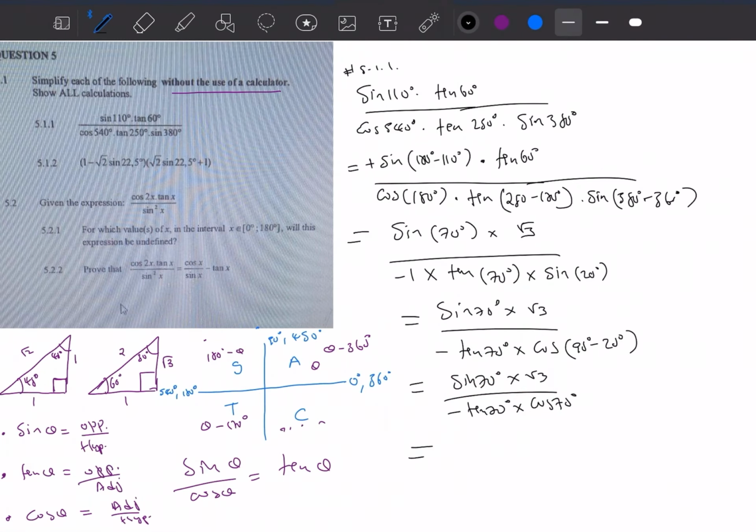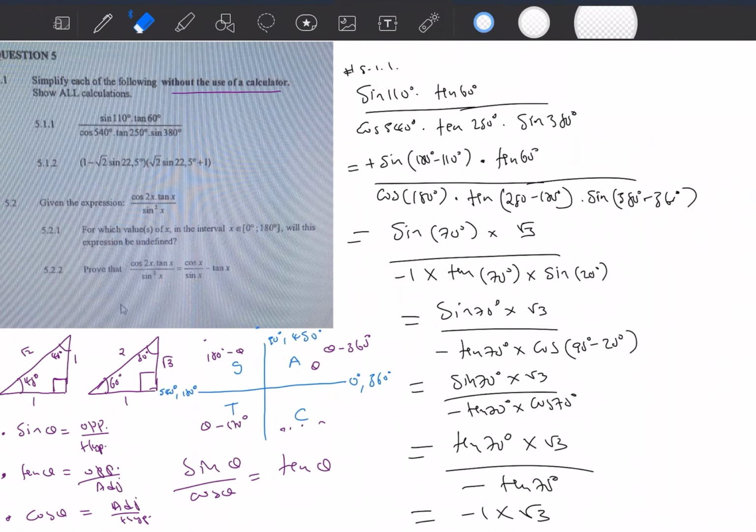So this is going to be tan 70 degrees times root 3 over negative tan 70 degrees. Tan 70 over negative tan 70 is negative 1. So you're going to have negative 1 times root 3, and you don't have to write the 1 down. So it's going to be negative root 3. Boom. That's your answer.